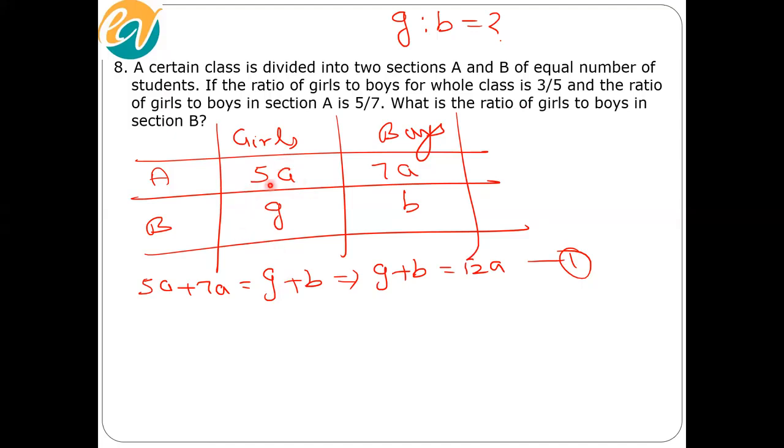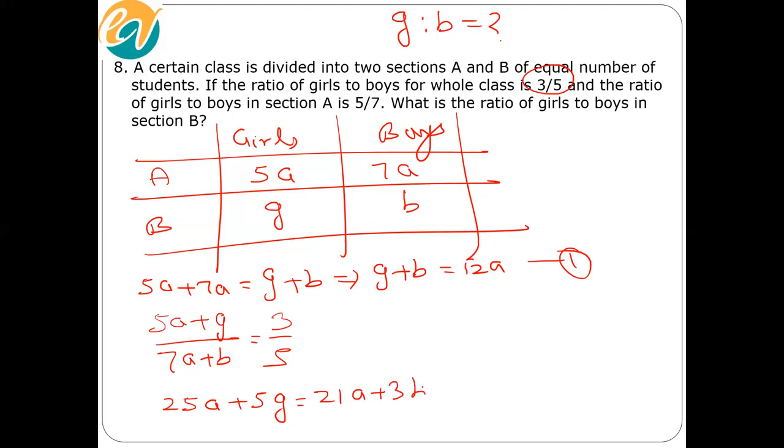Similarly, how many total boys are there in the entire class? 7A plus B, right? But it's given to us that 5A plus G is to 7A plus B. What is the ratio? 3:5. Agreed? So let's do cross multiplication. So 25A plus 5G is equal to 21A plus 3B, right?